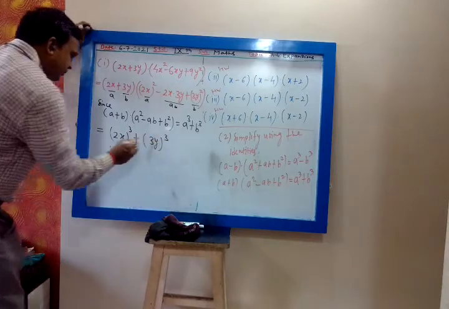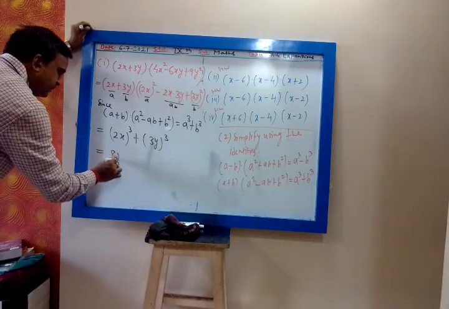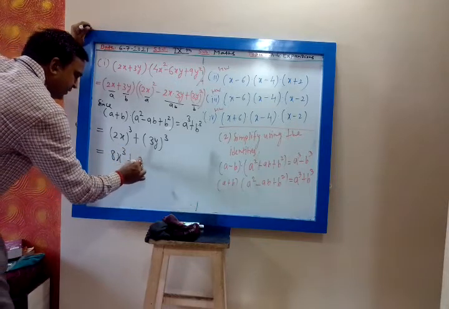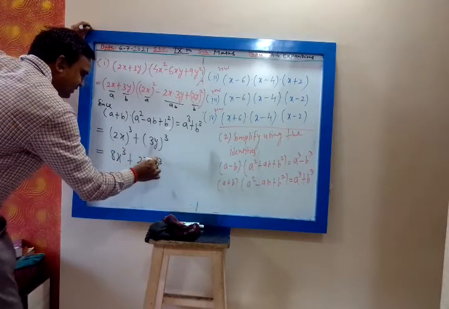So 2 cube is 8, 3 cube is 27, 8x cube plus 27y cube, and this is the answer.